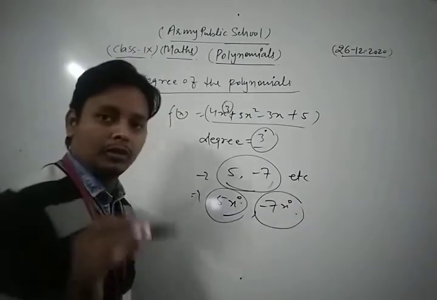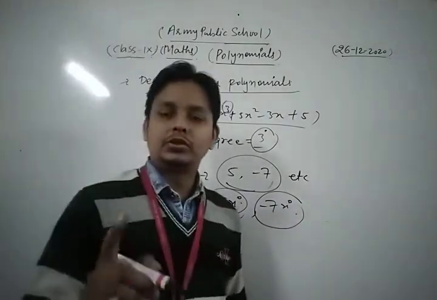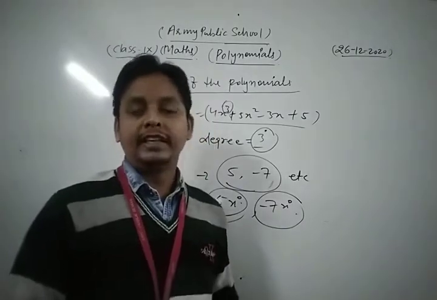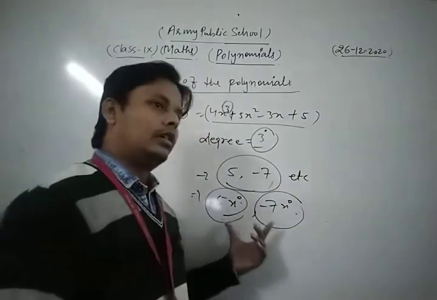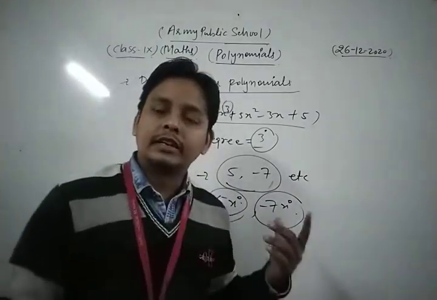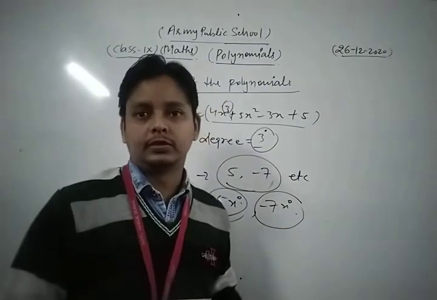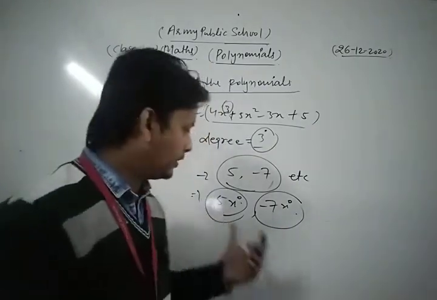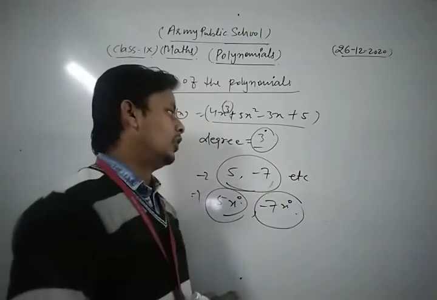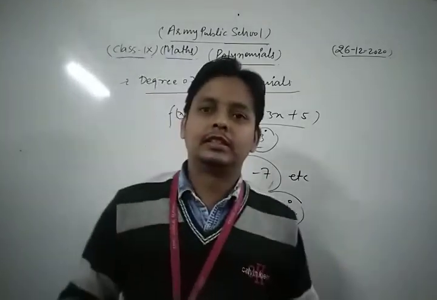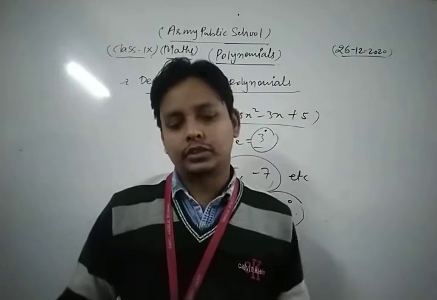So a polynomial of degree 0 is known as a constant polynomial. A constant polynomial contains only a constant term, like 5, minus 7, 1 by 2 etc. These are constant polynomials.